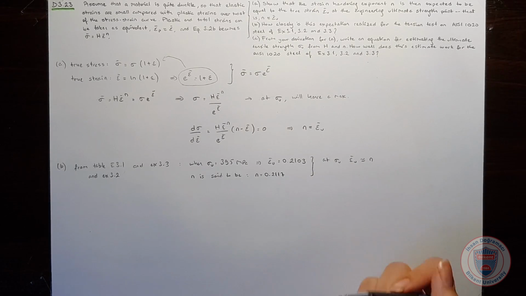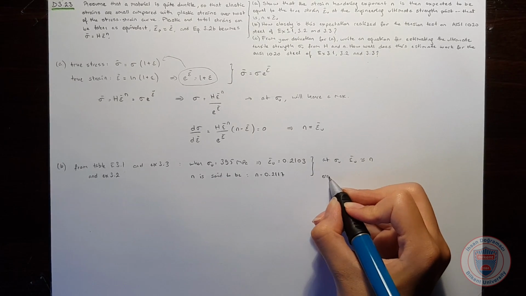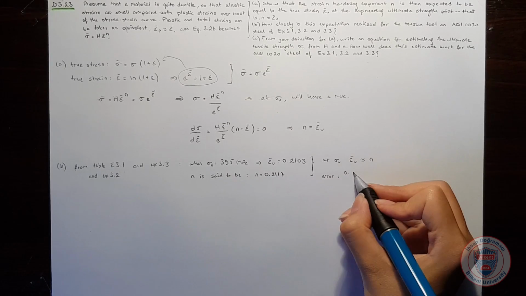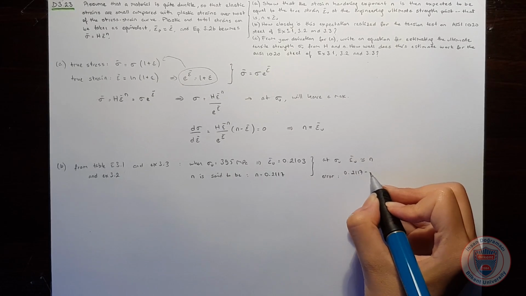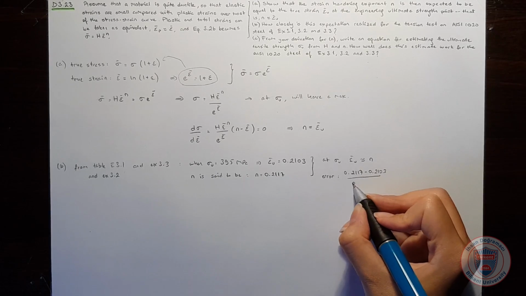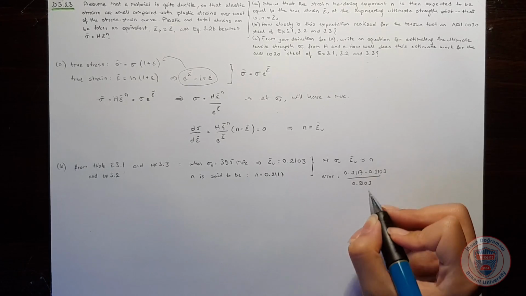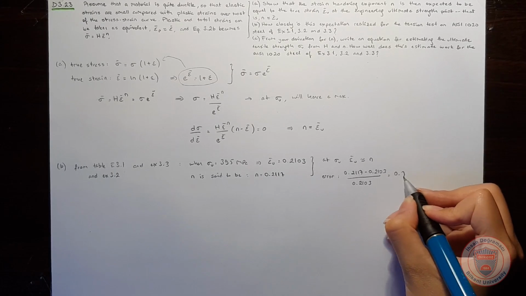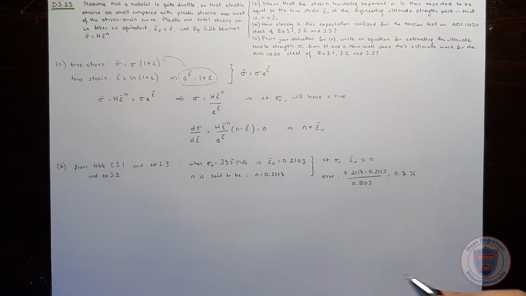And we can also calculate the error to be sure. It will be equal to 0.2117 minus 0.2103 over 0.2103, and it is approximately 0.7%. So it is not much, and we can say that they are almost equal.